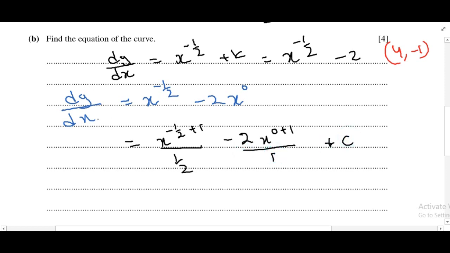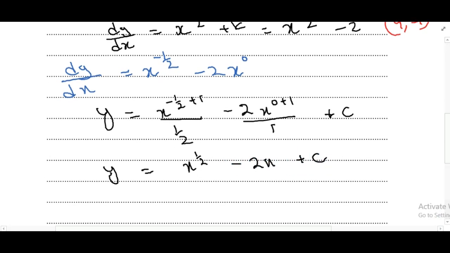And obviously dy/dx when integrated with respect to x becomes y. Now if we simplify, y is equal to x to the power of half minus 2x plus c.